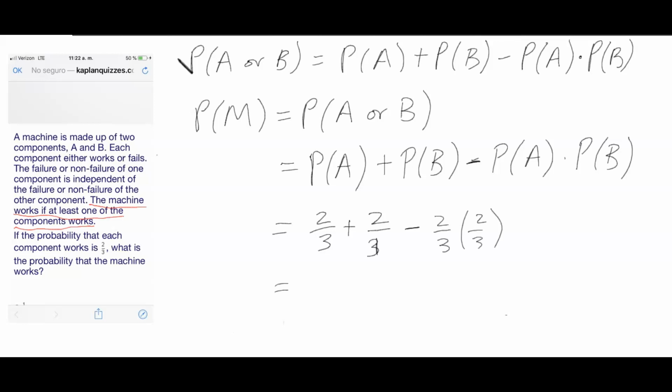So we end up with 4/3 minus 4/9. And when we find the least common denominator, which is 9, multiply the top and bottom of 4/3 by 3. That gives me 12/9 minus 4/9. And your answer should be 8/9.